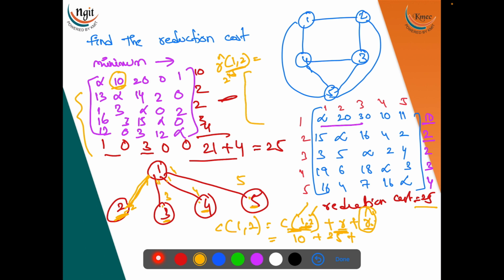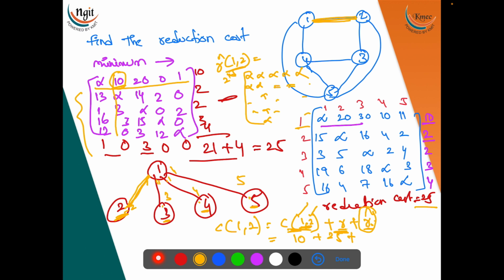Make these values infinite and this value infinite. 1 comma 2 and 2 comma 1 are the same path, so you have to make them infinite. That means the first row will be infinite, the second column will be infinite, and 2 comma 1 also infinite, and all the remaining values stay the same.